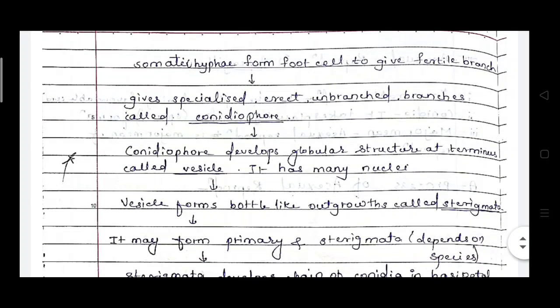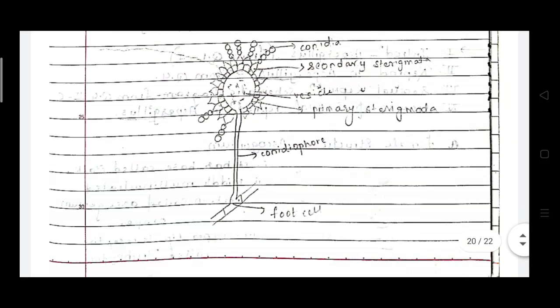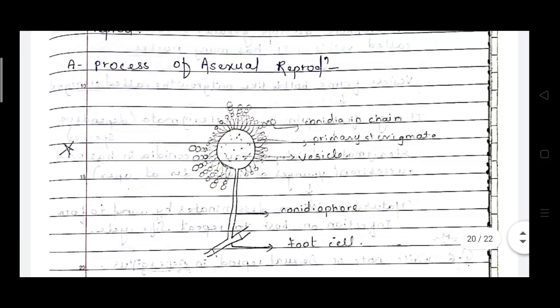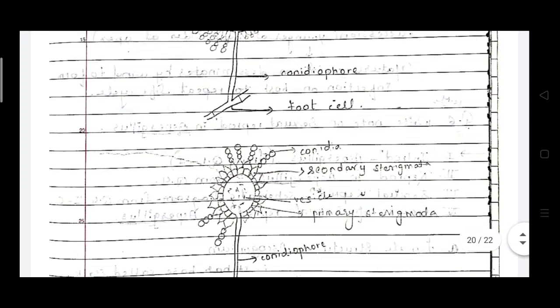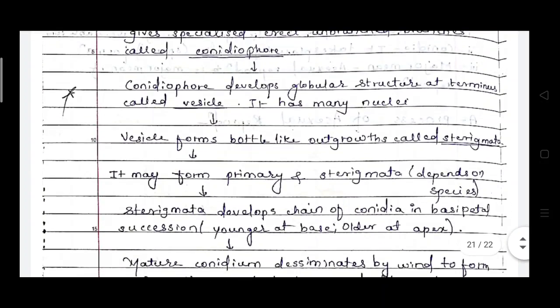In the vesicle there are many nuclei. The vesicle forms bottle-like outgrowths called the sterigmata. You have to see these figures. This somewhat bottle-like structure present on the vesicle is known as the primary sterigmata.